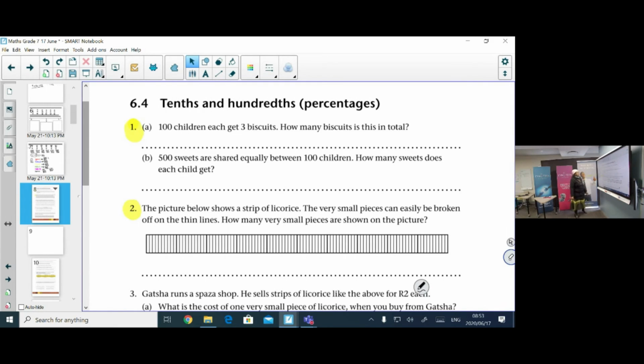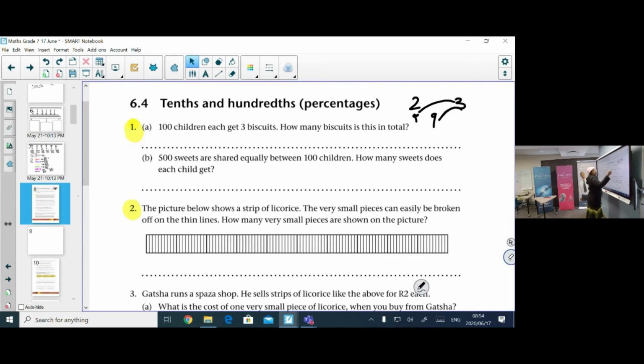Now we come to the tenths and hundredths, which is similar to percentage. And we deal with question 1. Question 1 says we have 100 children, each get 3 biscuits. How many biscuits in total? So in other words, if you had 2 kids and each get 3 biscuits, this is the first kid, the second one, each get 3.